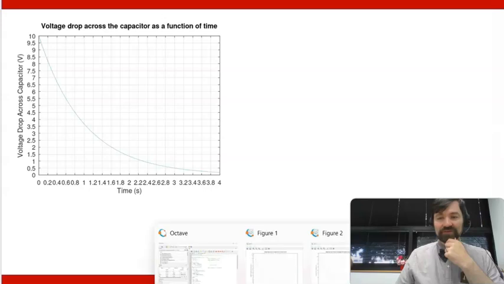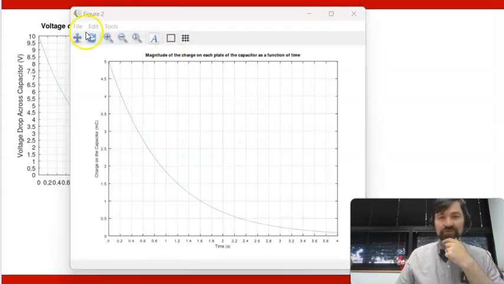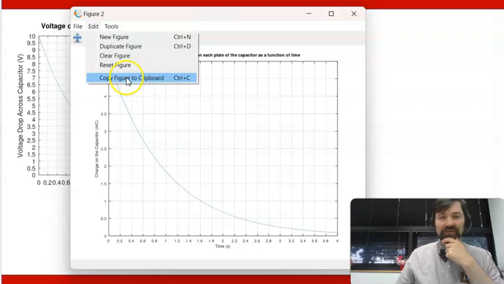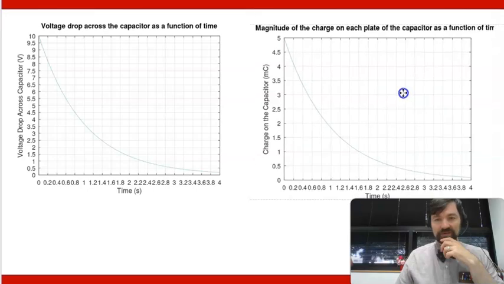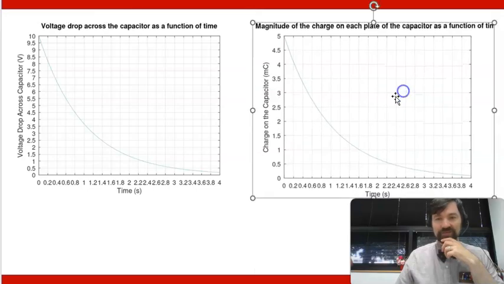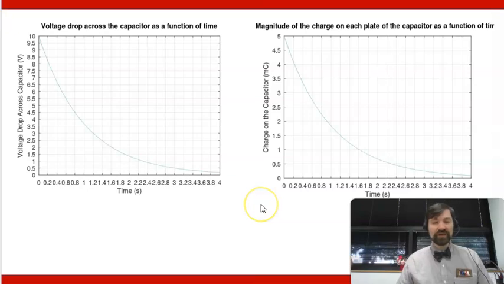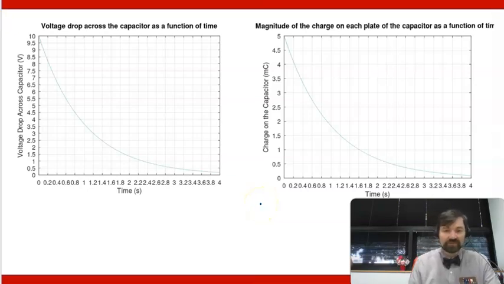And likewise, if I look at figure 2, which is the charge stored by the capacitor, I end up with a graph that's now also looking like an exponential decay. Well, this is because you'll recall that for discharging, delta VC is basically delta V naught, the initial potential across your capacitor, times e to the negative t over tau.